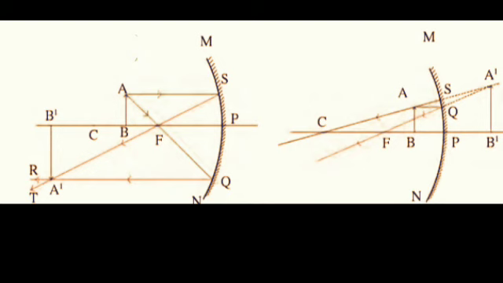Thus, the figure shows how these rays get reflected and form the image A'B' of the object. This image is behind the mirror, erect and larger than the object. As the reflected rays do not actually meet but appear to come together behind the mirror, the image is a virtual image.